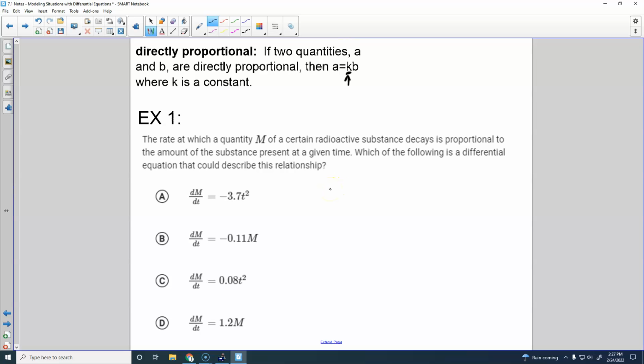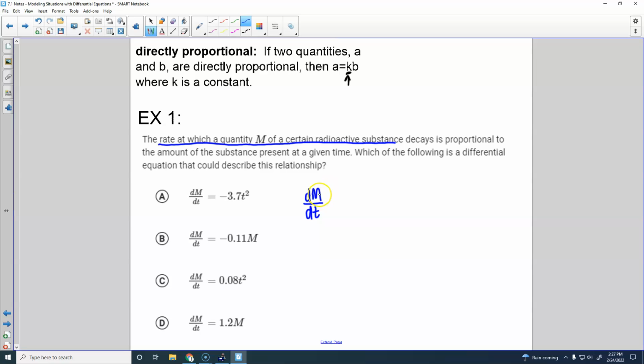Okay, so let's think about it. Rate at which a quantity M of a certain radioactive substance. So a rate of a substance is not going to be M, but that's going to be our dM/dt, because it's not the amount of the quantity, but the rate at which that quantity is changing.